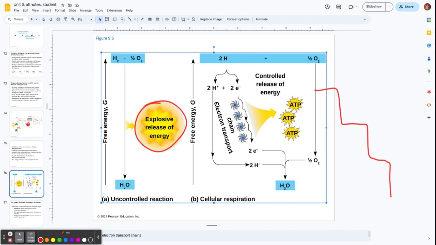So we want to release a little bit of energy in a step-by-step fashion: a little bit, then a little bit more, then a little bit more. That way we can control the reactions and use them to do what we need, and not have to worry about a catastrophic release of energy that might cause the cell to completely burst. It might cause all the cells around it to burst. So you have to have that step-by-step reaction.